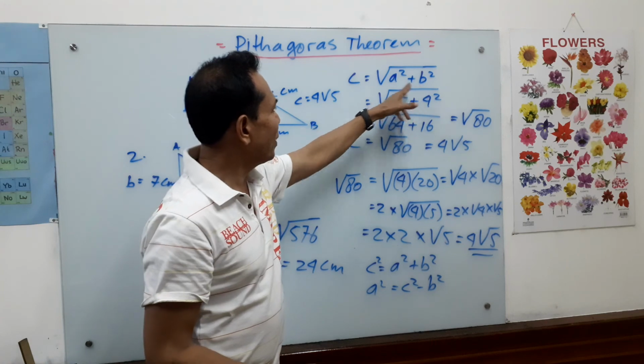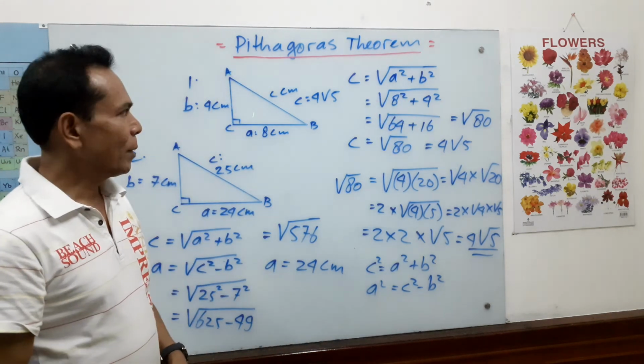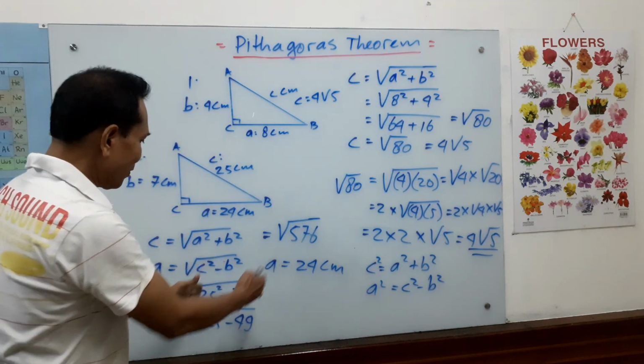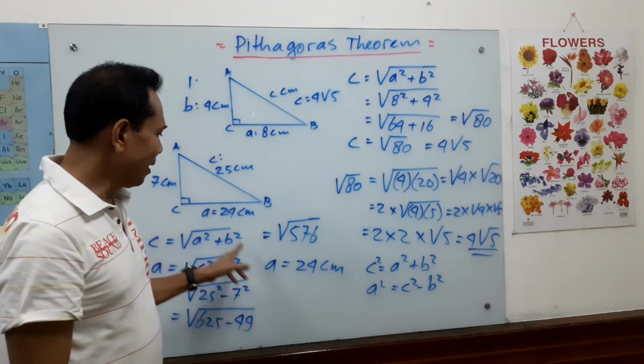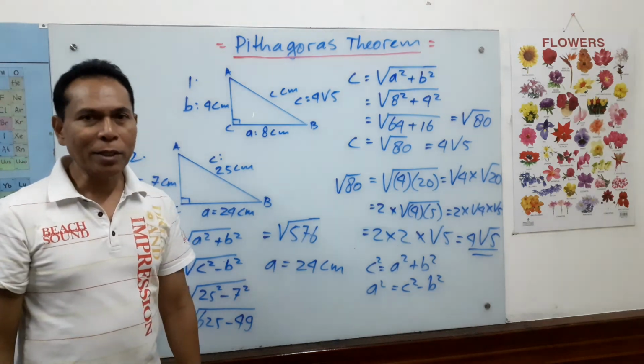Here, if we take B out, then this is C squared minus A squared. If we take A out, then C squared minus B squared. We have worked it out, and we have the answer here. So the base side A is 24 centimeters.